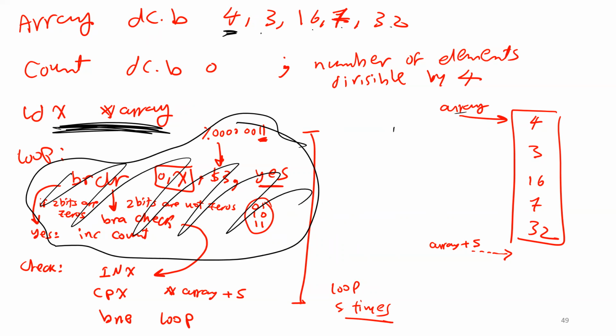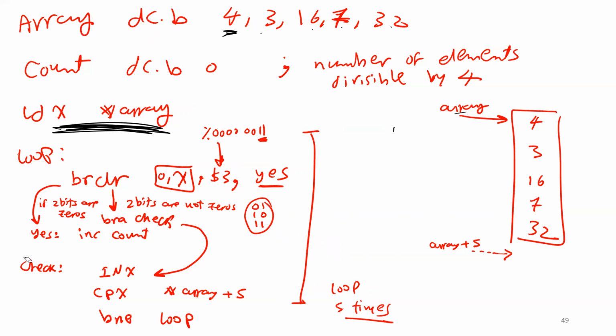In every iteration, x is pointing at one element. Okay, guys? So what should I do here? Look, it's very important because that's what you are going to do tomorrow, something like that. Look what I'm going to say. I want to check if these 2 elements are zeros. Both of them are zeros. So I'm going to say branch if clear 0, x.